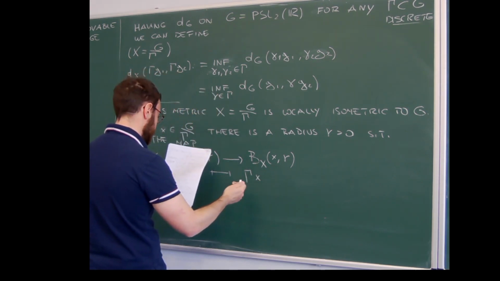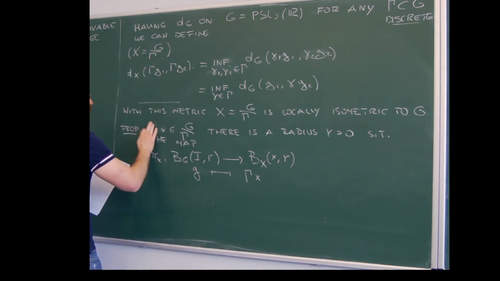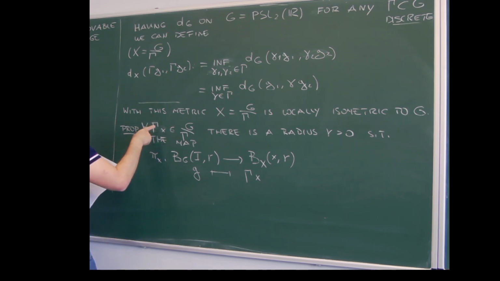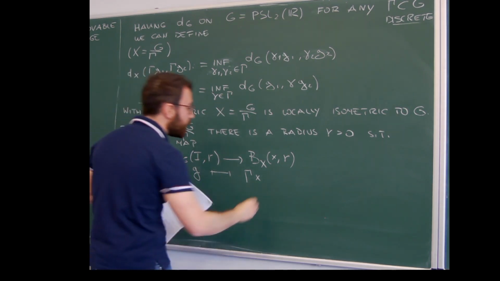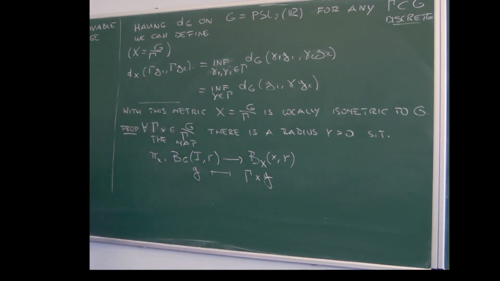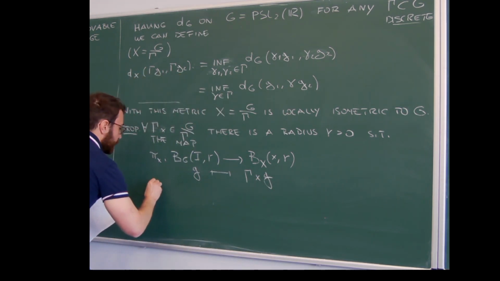Oh, sorry. Let me write it like this. So x is in G. So for all gamma x in G mod gamma, this map here is an isometry.